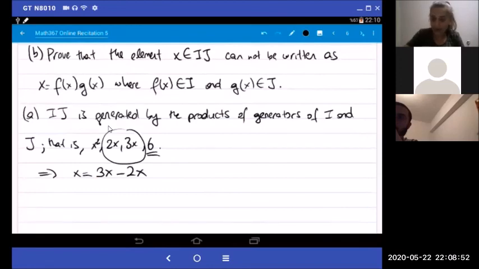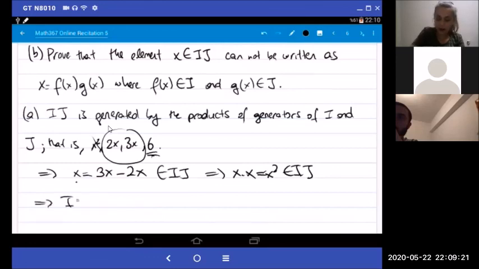And if you have x here, this is in I times J. And if you have x in I times J, you have x times x, which is equal to x squared in I times J. These are rings, so multiplication is allowed. So x squared is not needed. Okay, so we are left with x and 6, and we cannot write x in terms of 6, and we cannot write 6 in terms of x. This means that I times J is generated by x and 6.